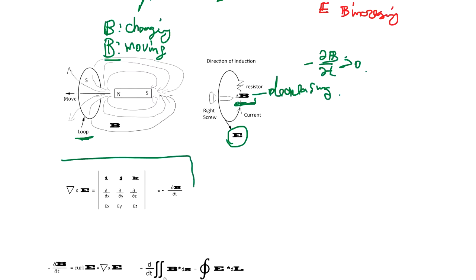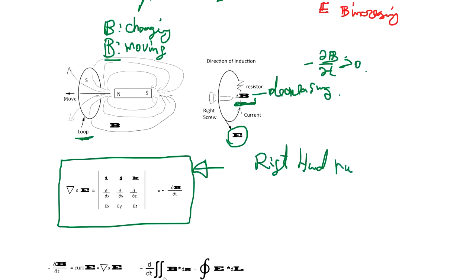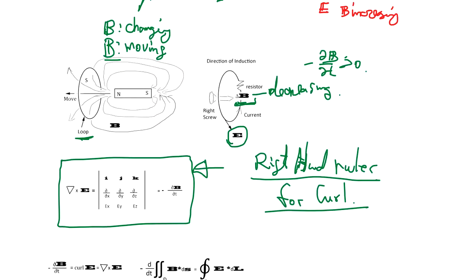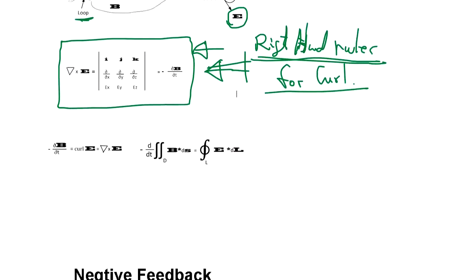Well, examine this carefully and you will get the right hand rule for curl. They used to teach the right hand rule for magnetism, but that actually confuses all students. I think the right hand rule comes from this mathematical equation. That's the way you need to understand it so you don't get confused.